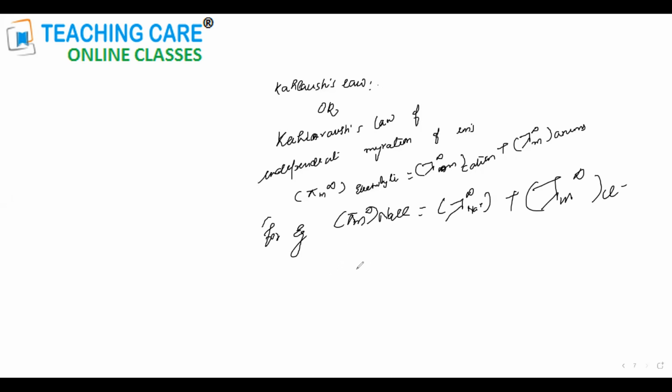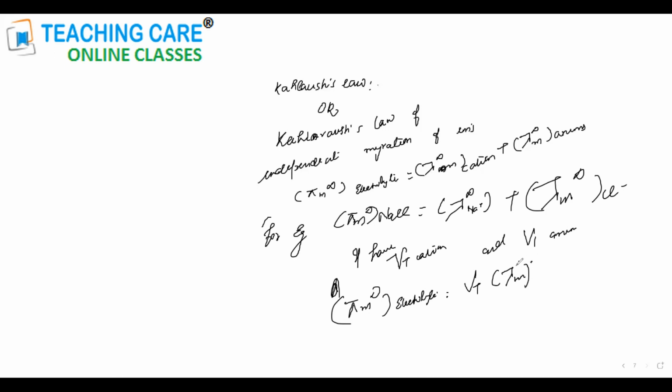If we have v plus cations and v minus anions, the molar conductivity of the electrolyte at infinite dilution can be written as v plus times the molar conductivity of cations plus v minus times the molar conductivity of anions.